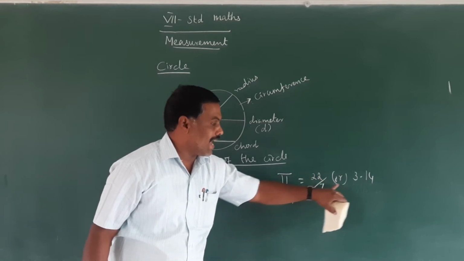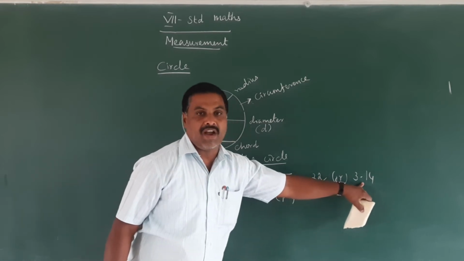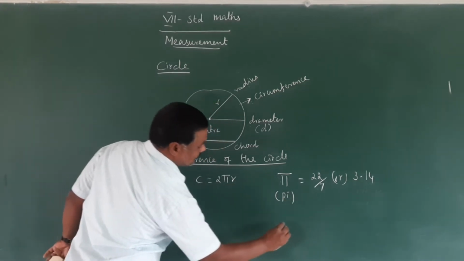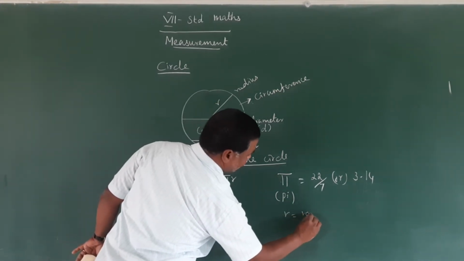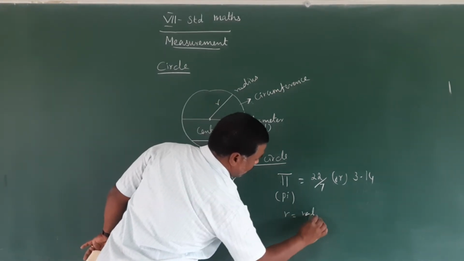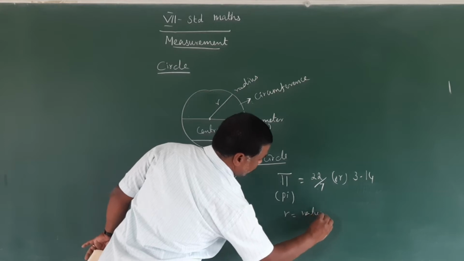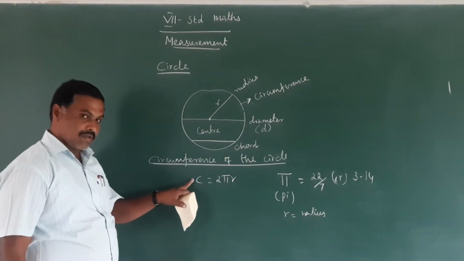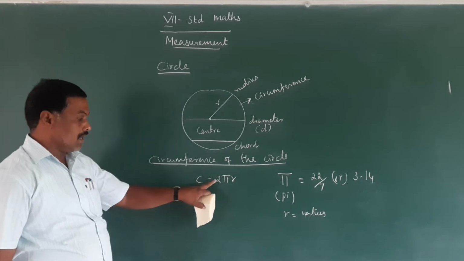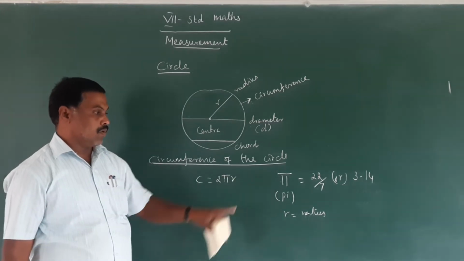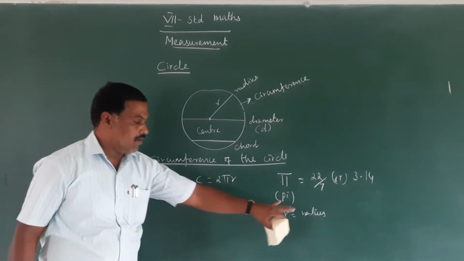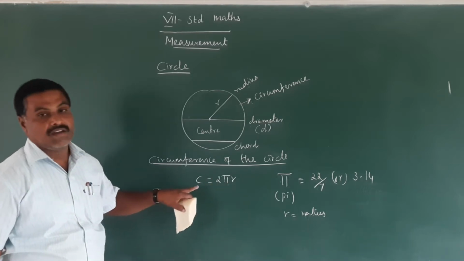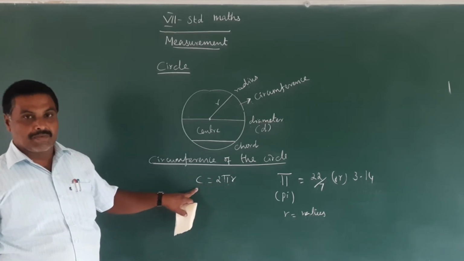Now r means radius. C equals the circumference of the circle. 2 is constant, pi is 22 divided by 7, and r is the radius. When the radius is given, we can find the circumference of the circle.